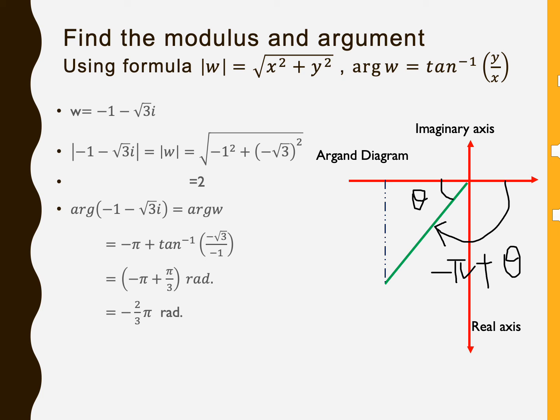Argument w equals -pi plus arctangent of -3 over -1, that's equal to 3. From the calculator, we obtain arctangent 3 equal to pi over 3. So we have negative pi plus pi over 3 radians. So finally we get the solution equal to negative 2 over 3 pi radians.